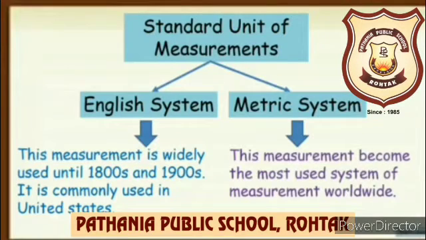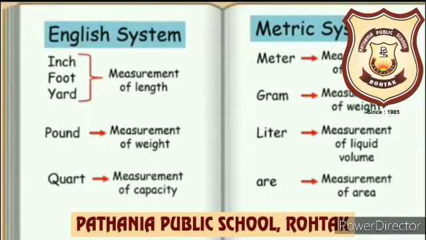Now the standard unit of measurement is also of two types. First is the English system, and second is the metric system. The English system is mostly used in the UK, and the metric system is used worldwide. In the English system, the inch, foot and yard are used for length, pound is used for weight, and quart is used for capacity.